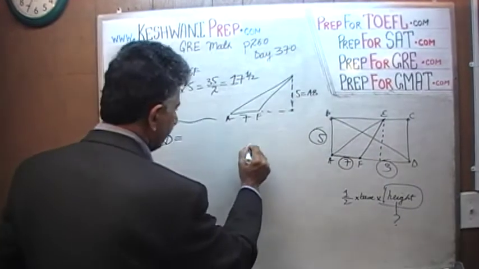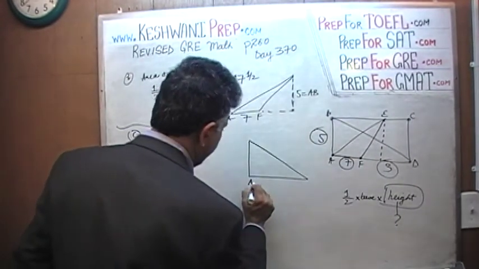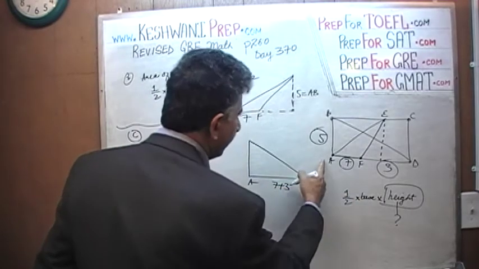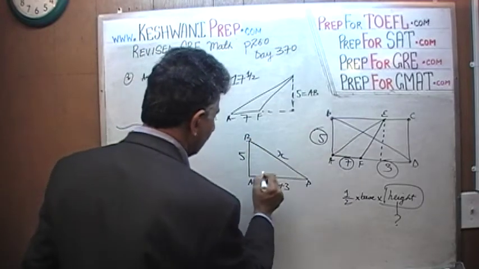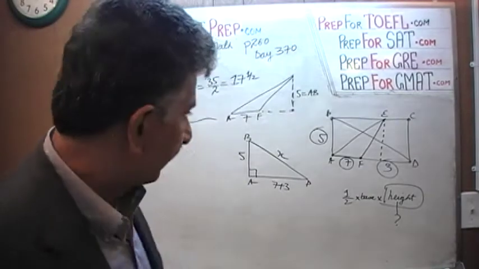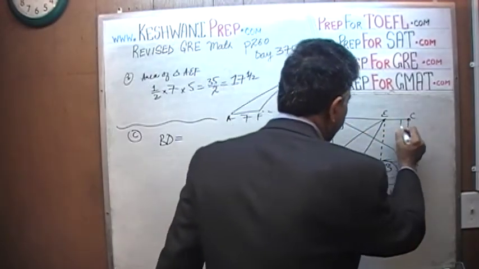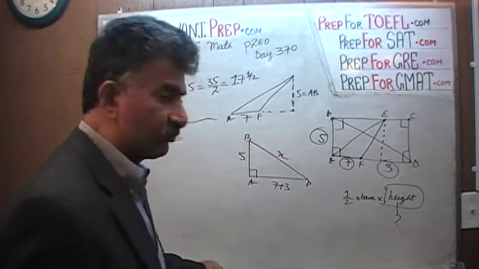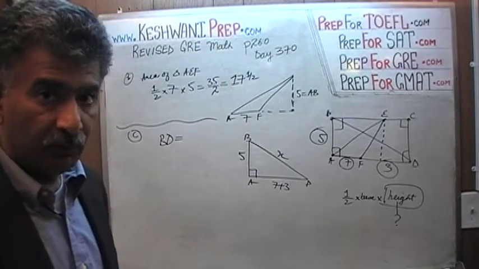So we're looking at this triangle here. A to D we know is 7 plus 3. A to B we know is 5, and B to D is what we're looking for, and it's a right angle triangle because it's a rectangle. Because it's a rectangle, all of these angles are 90 degrees. So that's very straightforward. A simple application of the Pythagorean theorem will do the job.